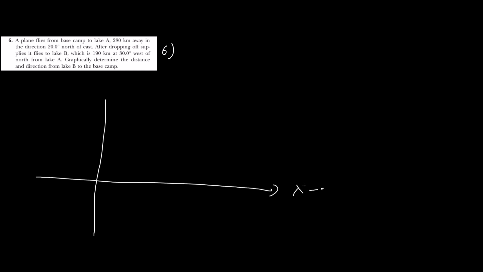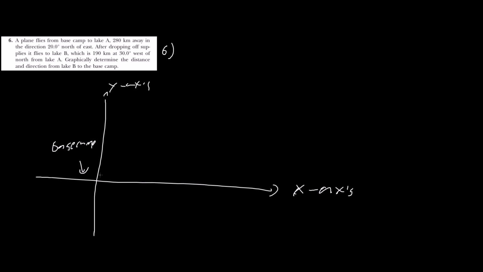So we're going to define the origin as the base camp. I know this is a pretty straightforward problem. So this is going to be the base camp, and we're going to fly 280 kilometers in the direction of north of east.